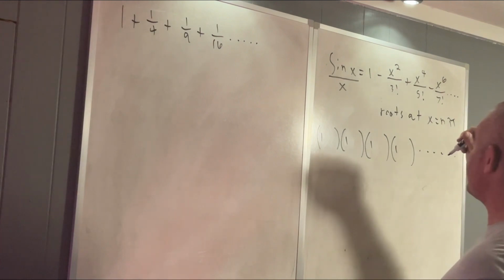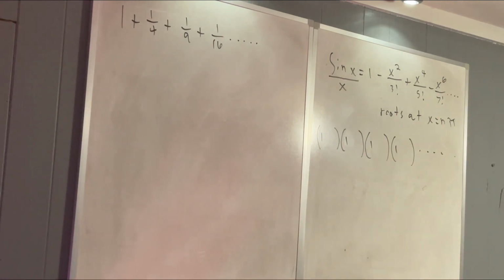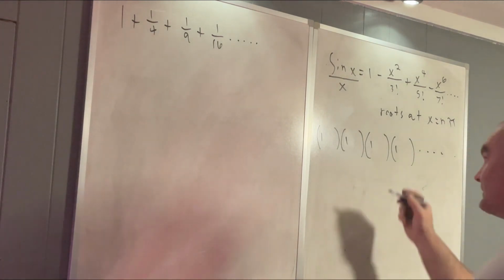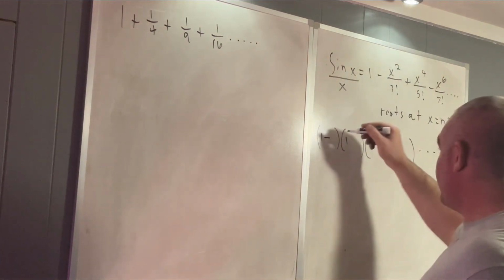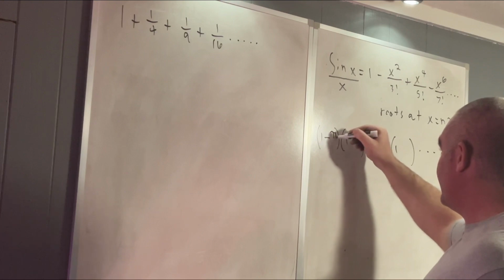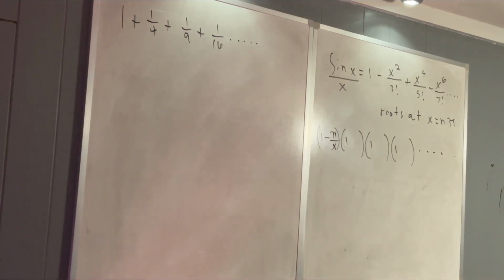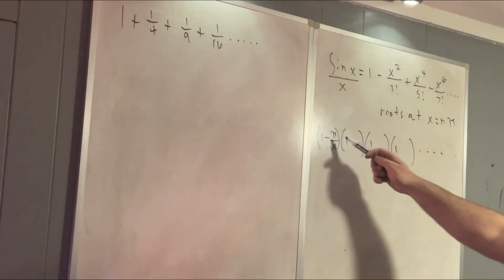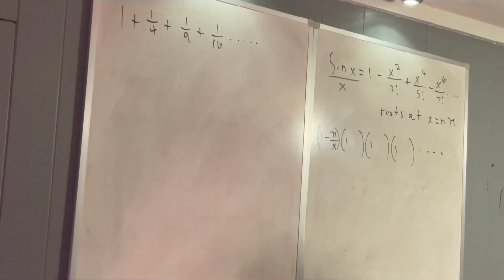Let's ignore 0 for now. We know that if we plug in pi, we're going to get 0. If we plugged in pi for x, we'd get pi over pi, which is 1. 1 minus 1 is 0.